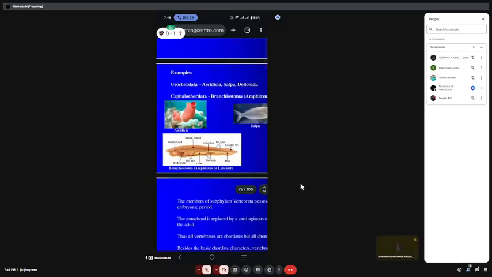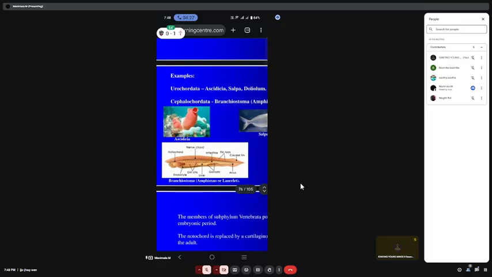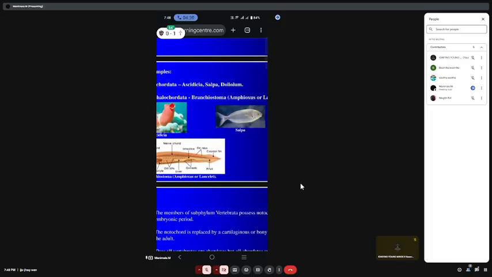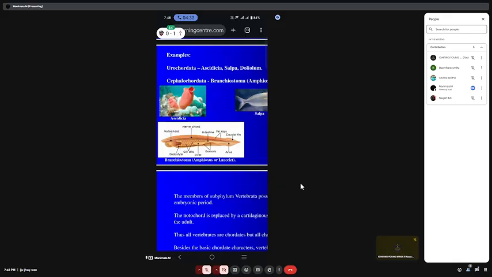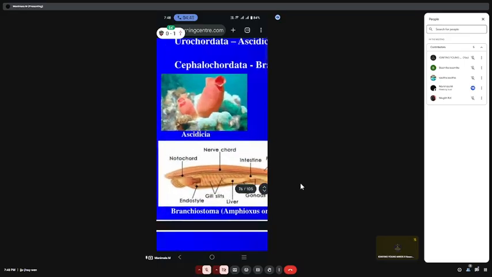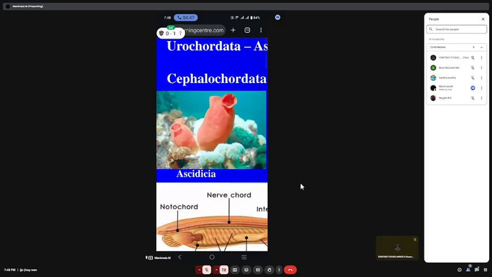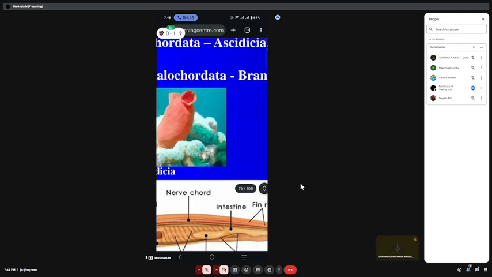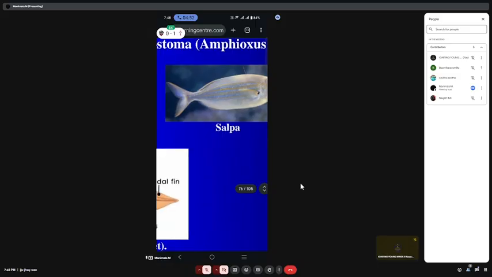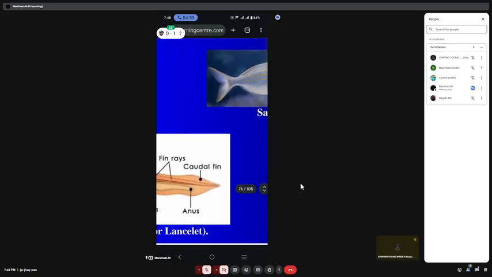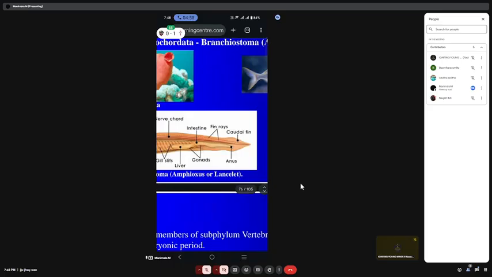Examples of some of the animals: Ascidia and Salpa, Herdmania. These animals come under Urochordata. Ascidia is an animal which comes under Urochordata, and Salpa also comes under Urochordata. So this is subphylum Urochordata.